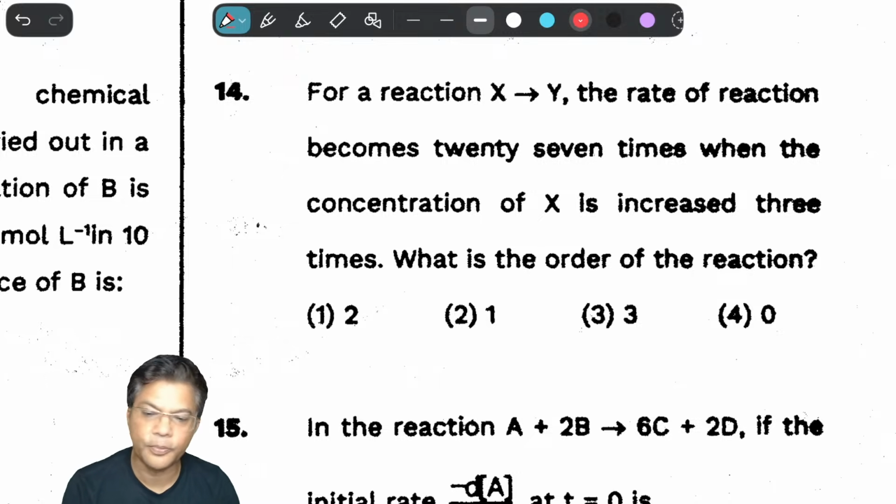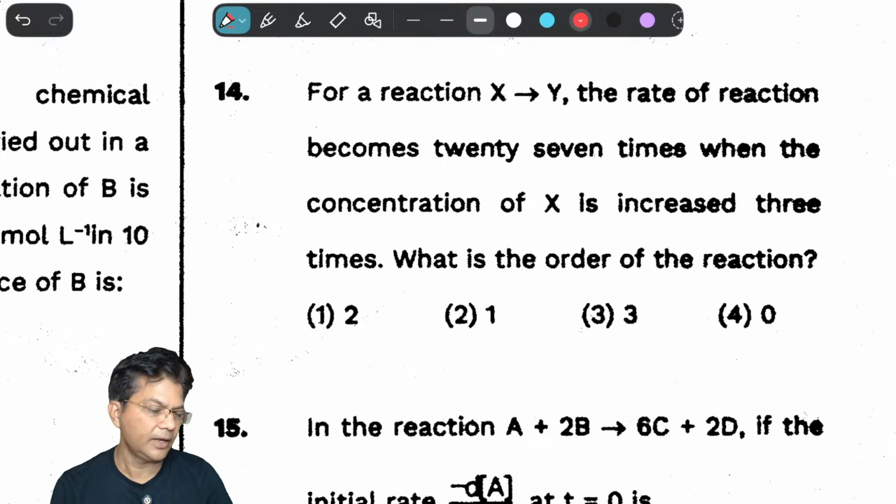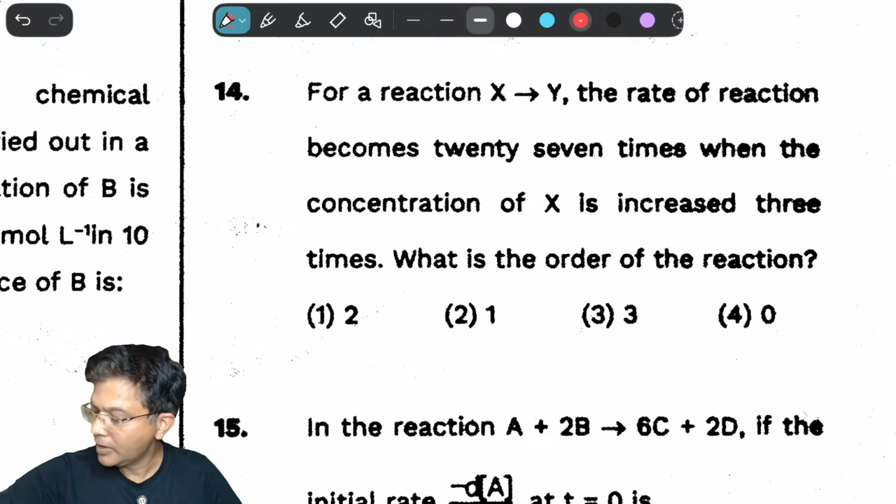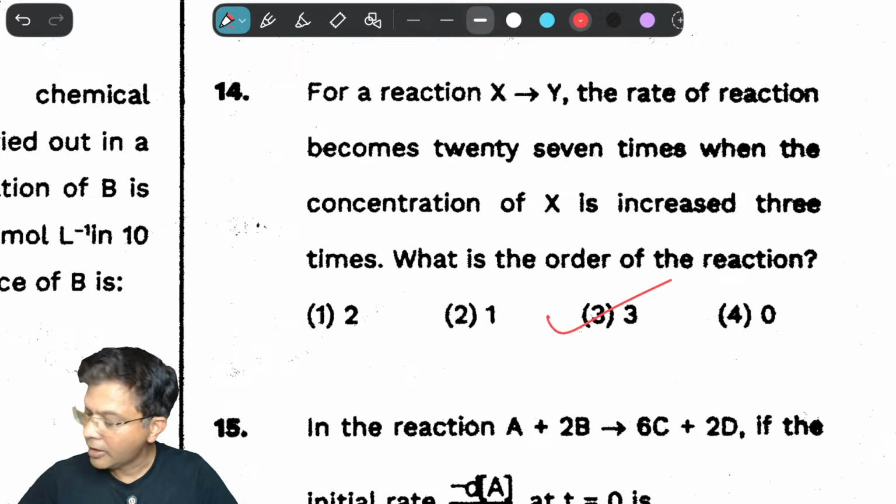Let's see who is going to make it possible easily. Who is going to do it easily, kids? Garima Sharma, welcome. Third is the correct answer. Let's see how you have done it.